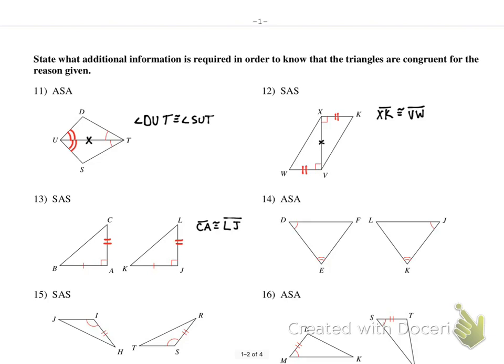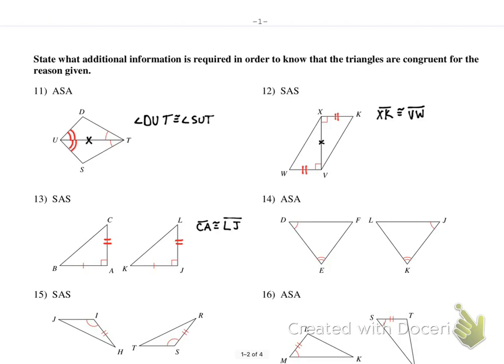Okay, and the last one we'll do as a class right here, angle-side-angle. What do we already know? What's already given as congruent? Angles or sides or a mix? Angles. So if it's angle-side-angle, what are we missing? The side.